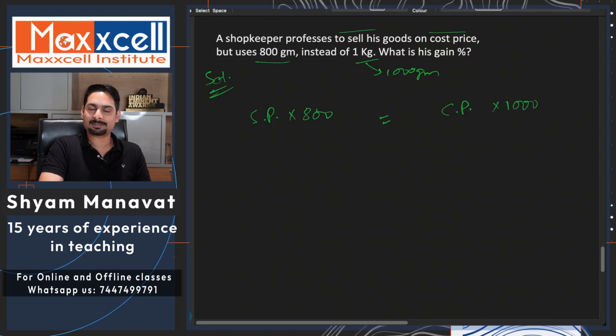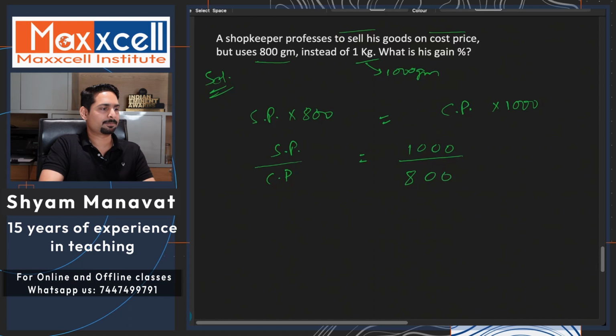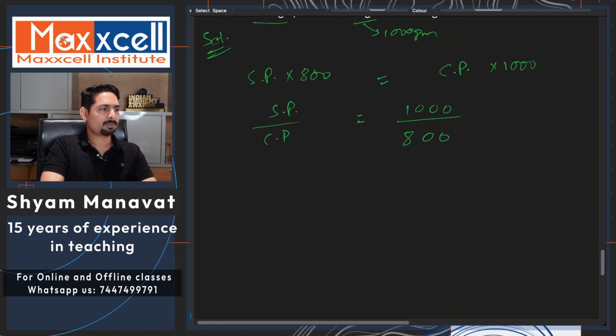So selling price by cost price equal to 1000 by 800. Okay, simplify, zeros gone, selling price is 10, cost price is 8.